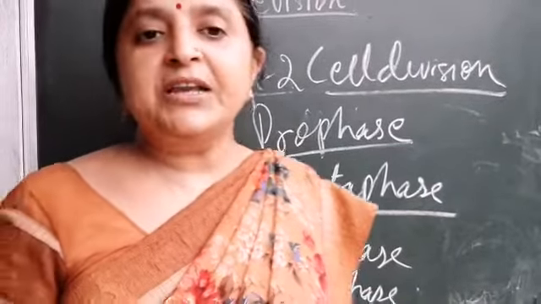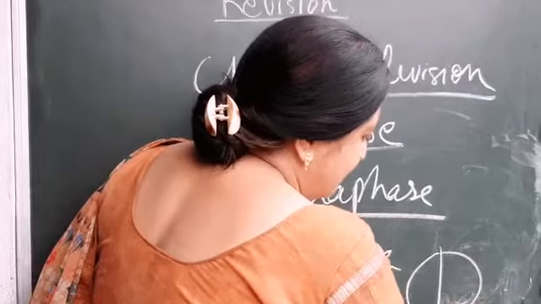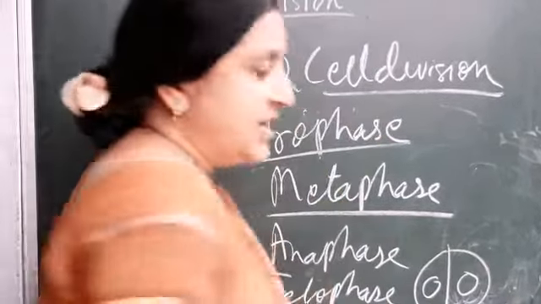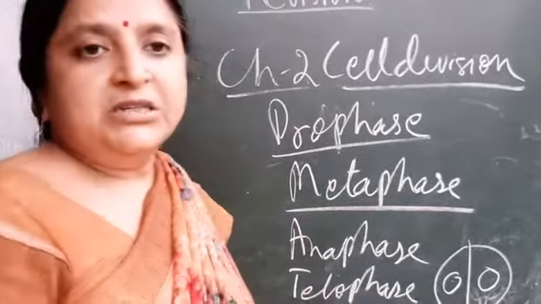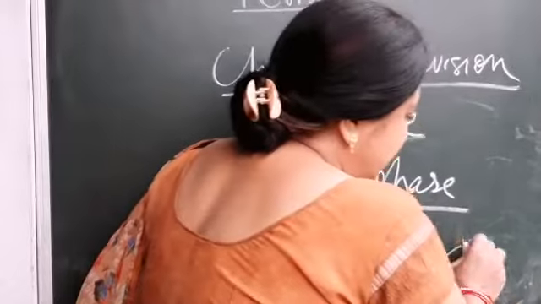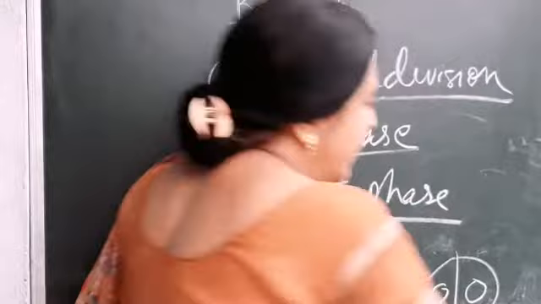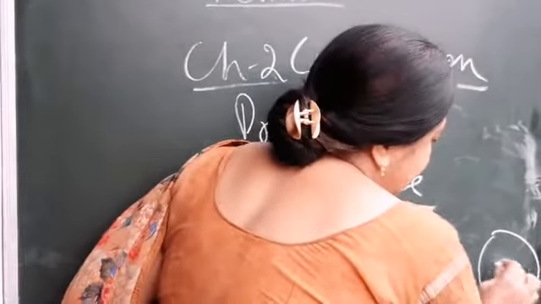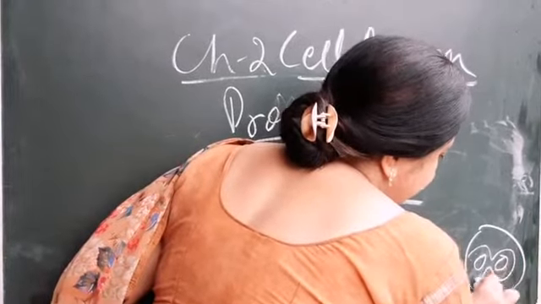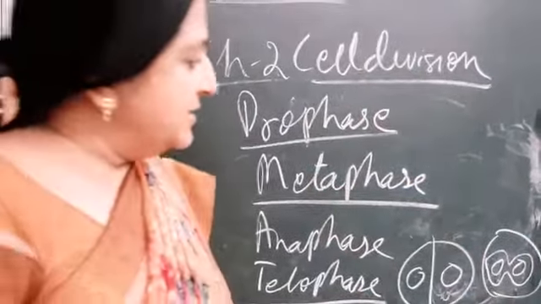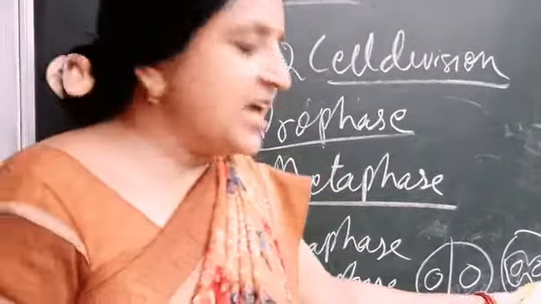It is centrifugal in plant cells, meaning in plant cells a plate formation occurs. A plate is formed between the two nuclei of the cell. In animal cells, suppose this is the nucleus, and the cytoplasm is constricted in this way, and this type of cytokinesis is known as centripetal, and it occurs in animal cells.